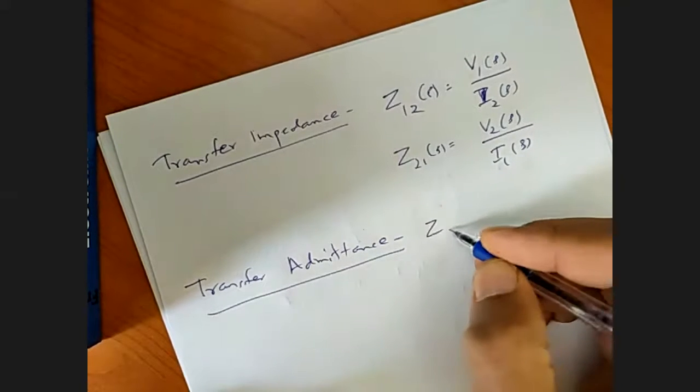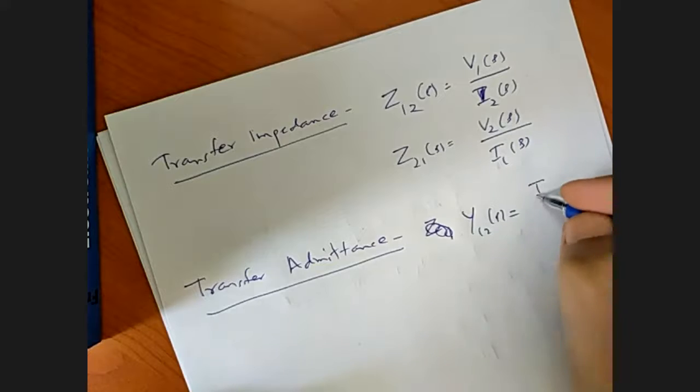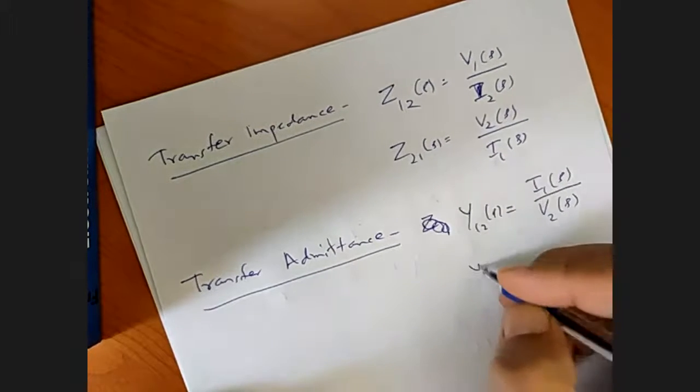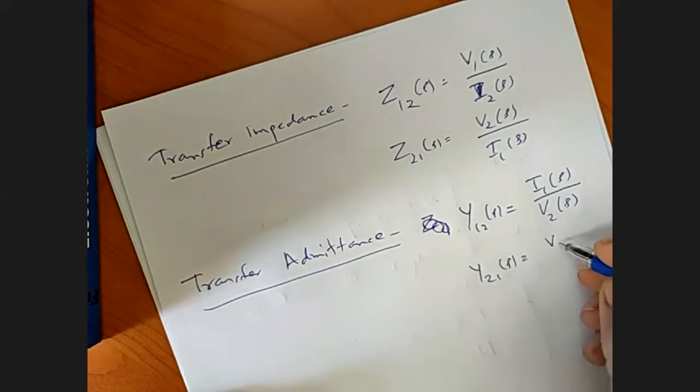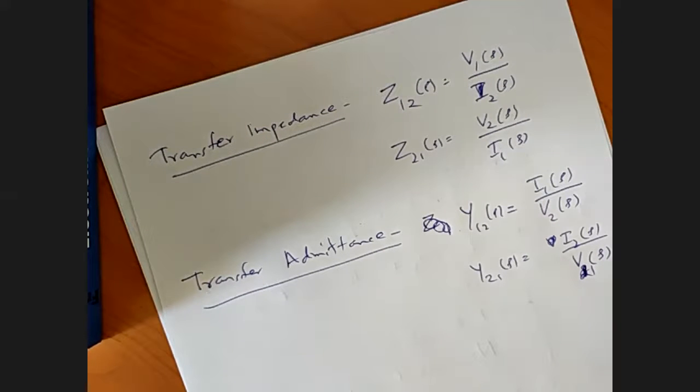Y12(S) means I1(S) upon V2(S), and Y21(S) will be I2(S) upon V1(S). These are all known as transfer admittance.